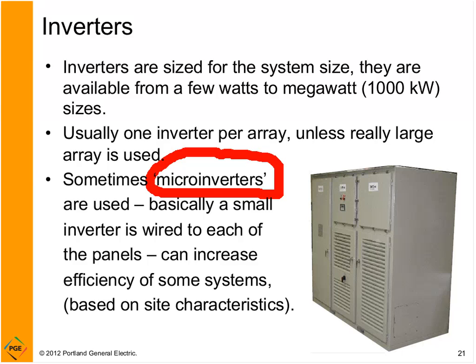The microinverters have some advantages, particularly on small systems, particularly on systems where your solar site might have some shadow concerns. Microinverters work very effectively on systems that have some shadowing. So work with your solar contractor and see if microinverters might work for you. Typically, on larger arrays, microinverters get so expensive that it forces you to use a big inverter rather than microinverters.